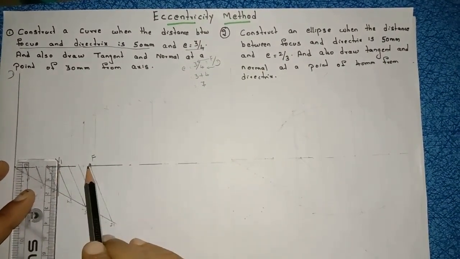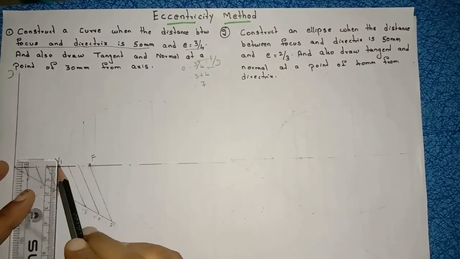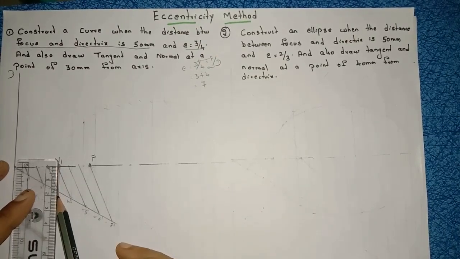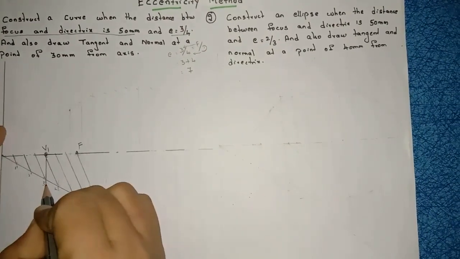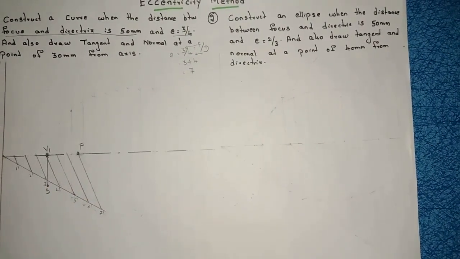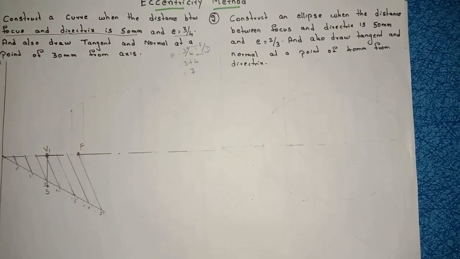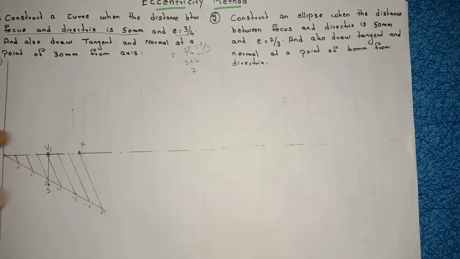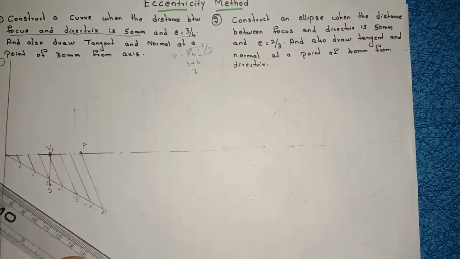Draw in a perpendicular manner. Name it S here. V1F should be equal to V1S.